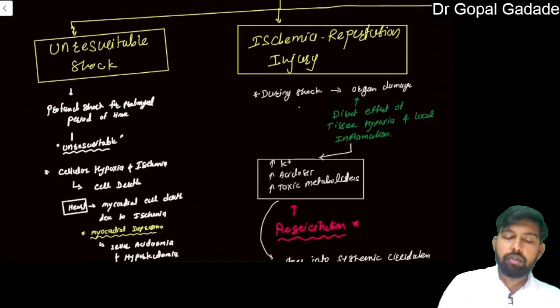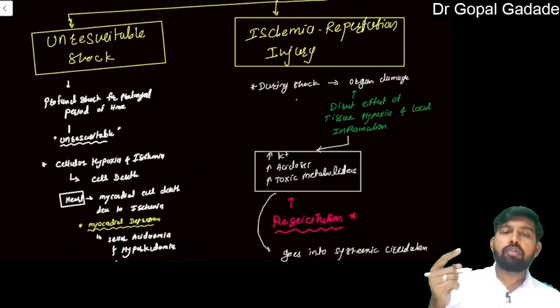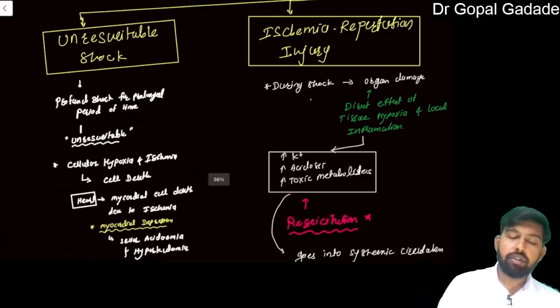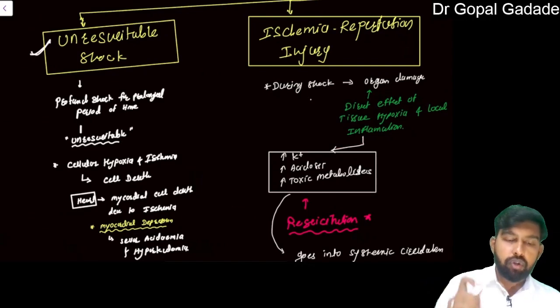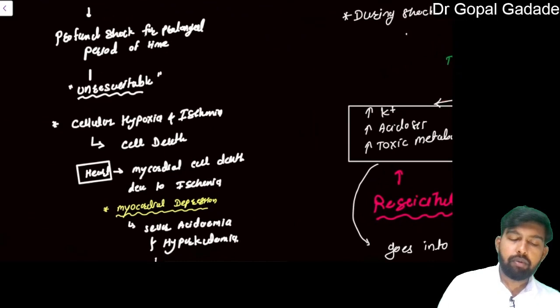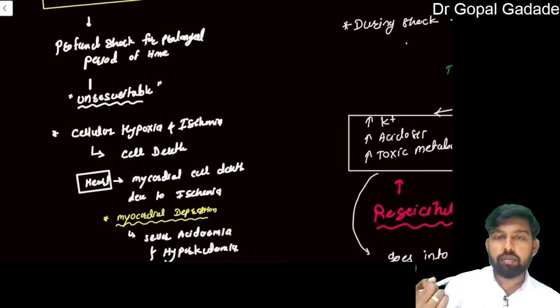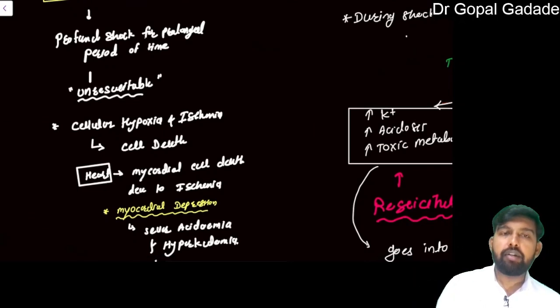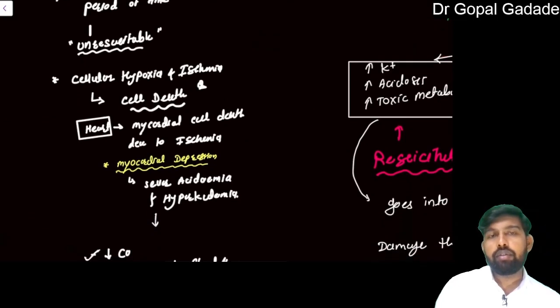Because of increased blood loss or a prolonged shock, there is the possibility of unresuscitable shock. Due to prolonged shock, there is increased loss of blood volume, ultimately leading to the unresuscitable state. There is cellular hypoxia and ischemia, ultimately leading to cell death.